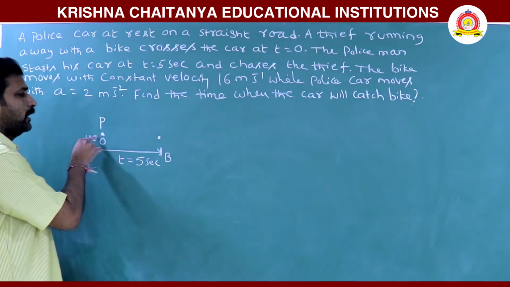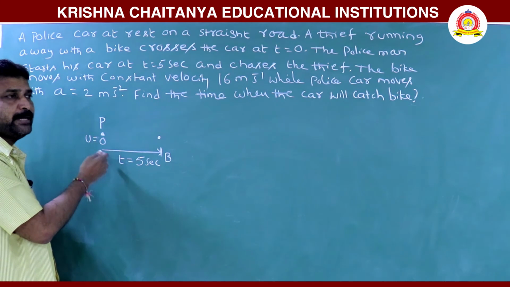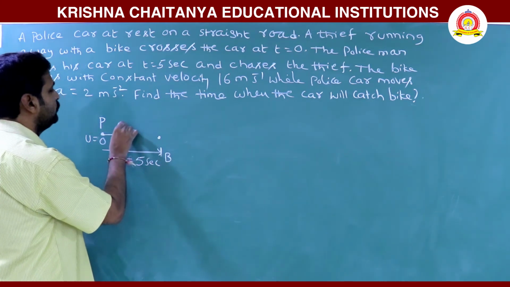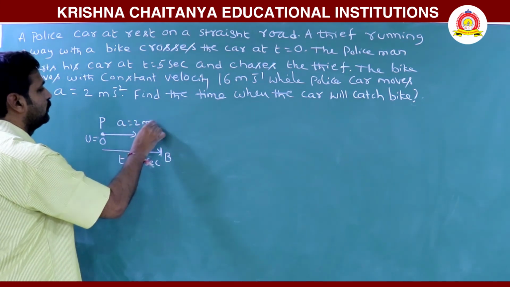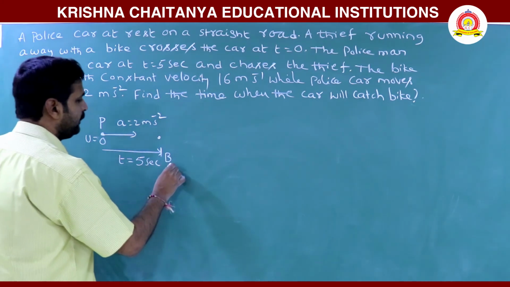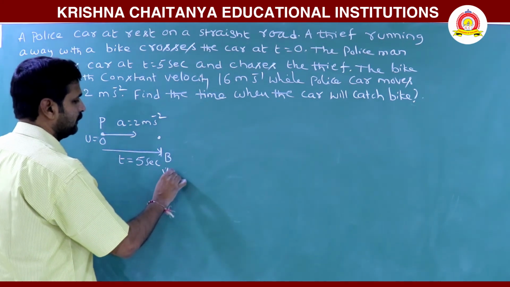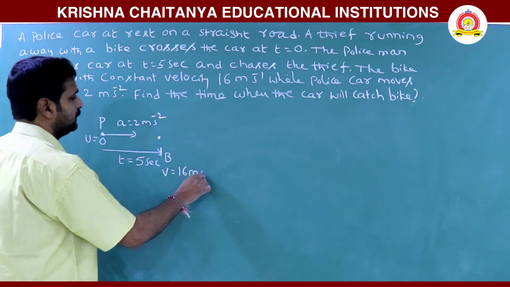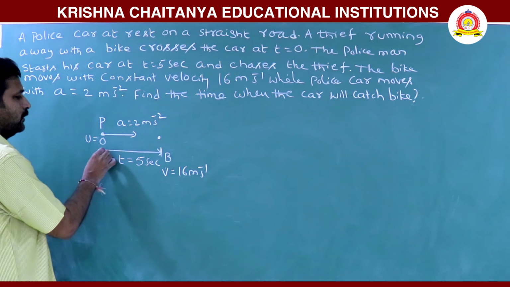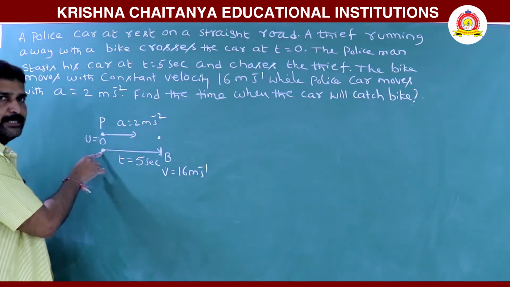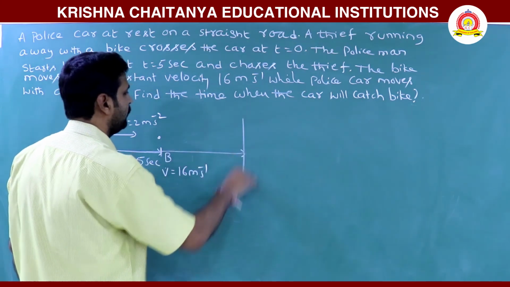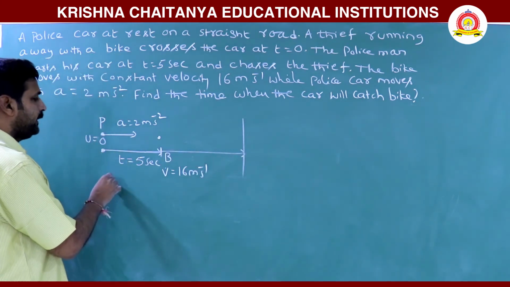Now, what time after the policeman starts can he catch the bike? Here the policeman moves with acceleration 2 meters per second squared, and the bike is moving with a constant speed of 16 meters per second. When the bike crosses the policeman and travels a distance up to here, let it be some x.